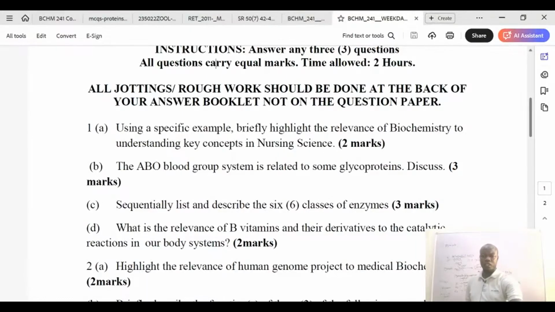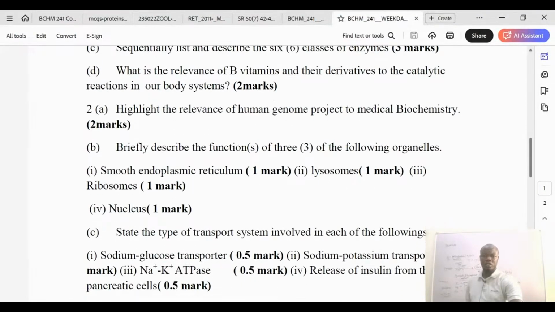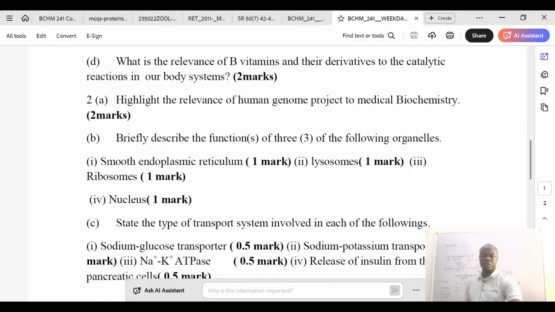For those of you that attended our last discussion, you will believe me that we discussed question 1 to D. For today, we are going to answer from question 2 to question 6. If you attended the last class, say hi.